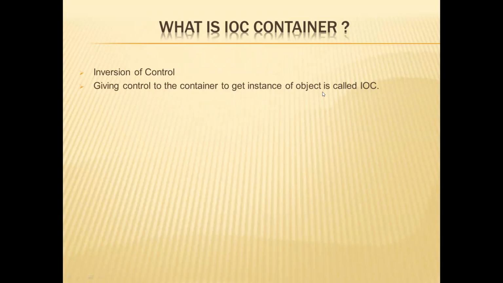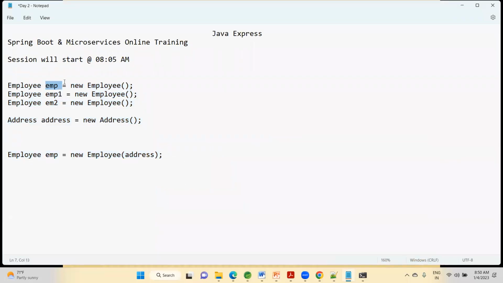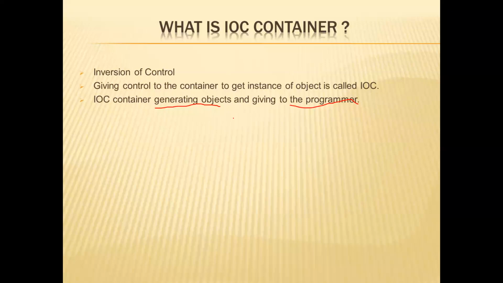The IOC container is responsible for getting the instance of the object; this is called IOC. The IOC container generates the objects and gives them to the programmer. Whatever objects you need, the Employee object, the Address object, will be generated for you. You no need to create these injections yourself. The container generates the objects and gives them to the programmer.